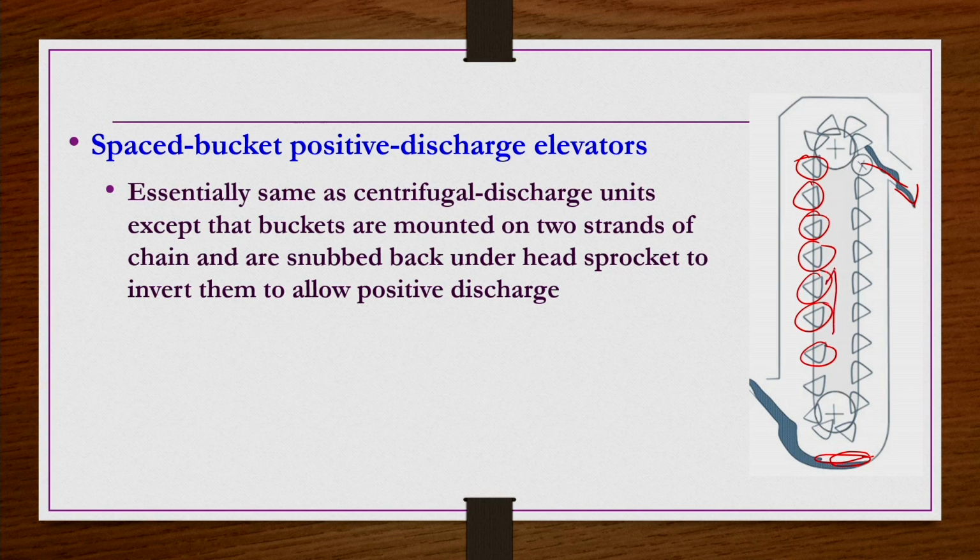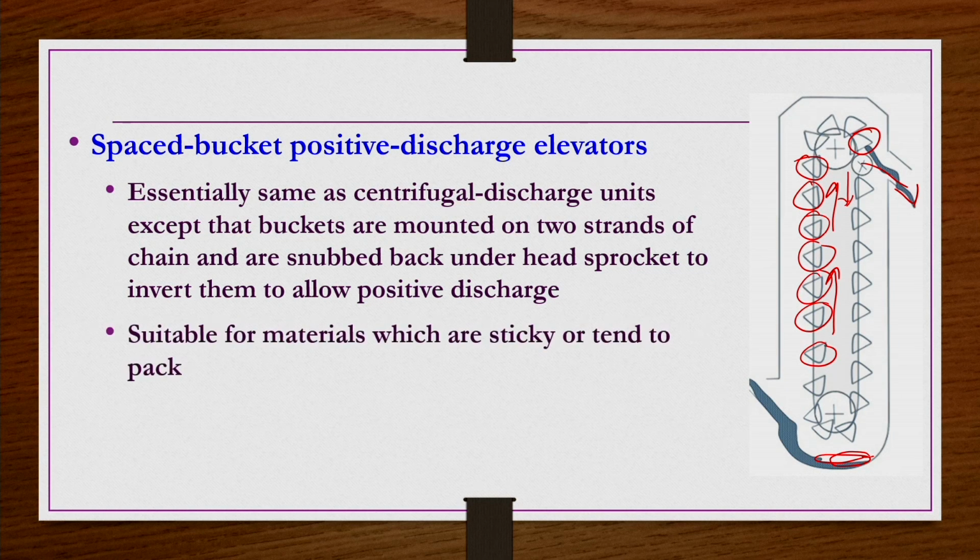While going up they carry the material, while coming down they should not carry any material; everything should be discharged here. In order to discharge here, a proper inverting of the bucket should take place, so these are snubbed back under the head sprocket to invert them and allow positive discharge.